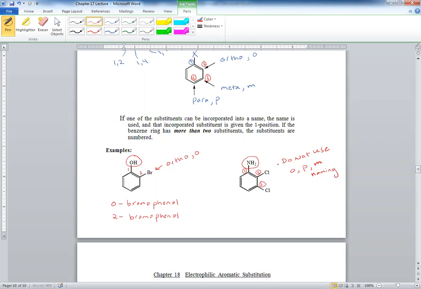Can't use that. So what you do is you use just the 1, 2, 3, etc. So here we have 2, 3. If you recall, we have two chloro groups, so that's di, chloro. And of course, we said NH2 attached to a benzene ring is called aniline.